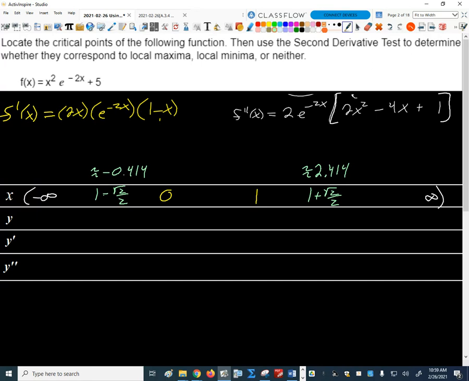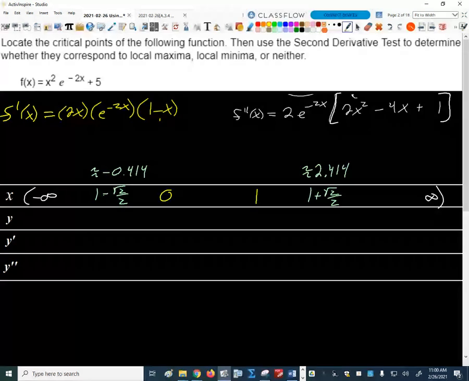So now what? What am I going to put in my second derivative row here? The second derivative is going to be 0 at 1 minus the square root of 2 over 2 and 1 plus.